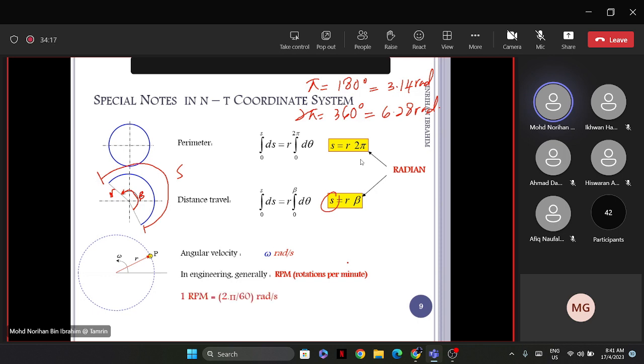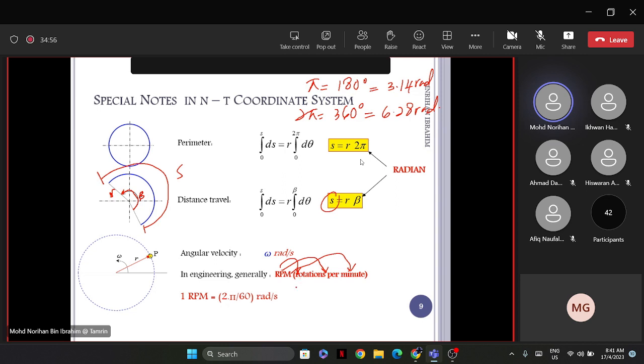Angular velocity is omega in radian per second. In engineering, normally they will give it to you in the form of rotations per minute. Let's say the disk is rotating at a speed of 200 RPM, for example. RPM stands for rotations per minute.